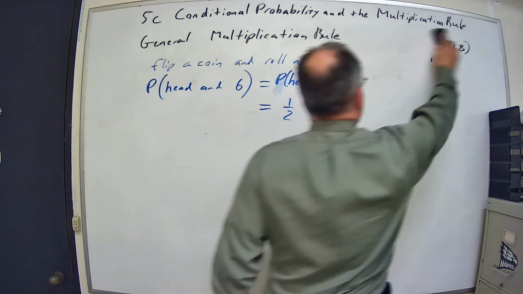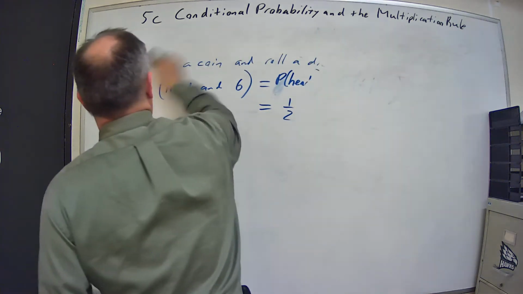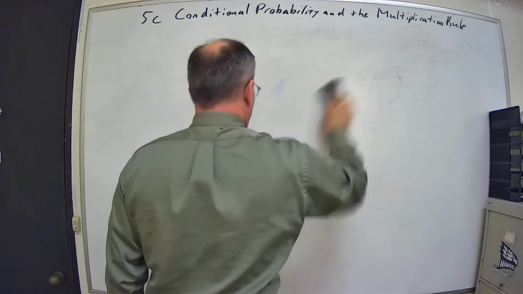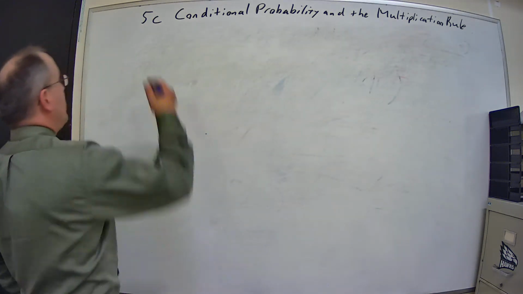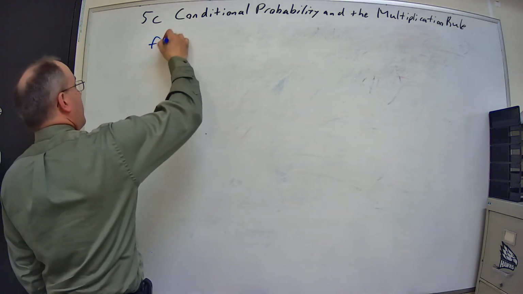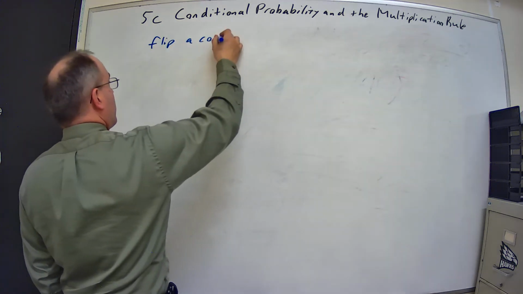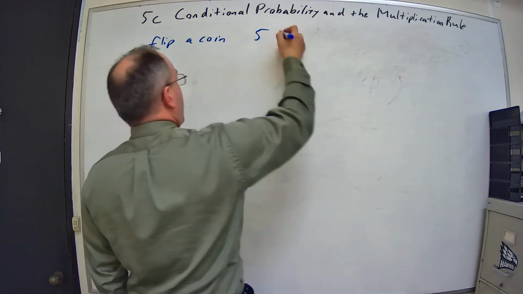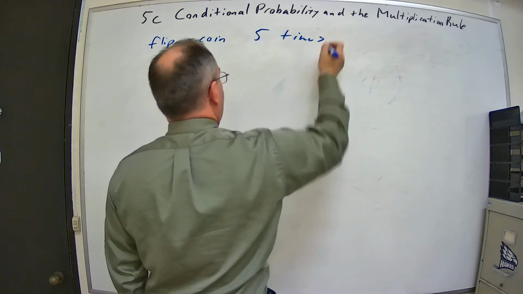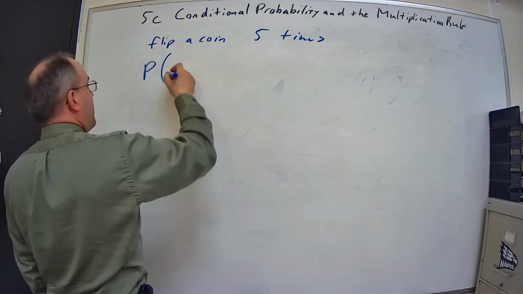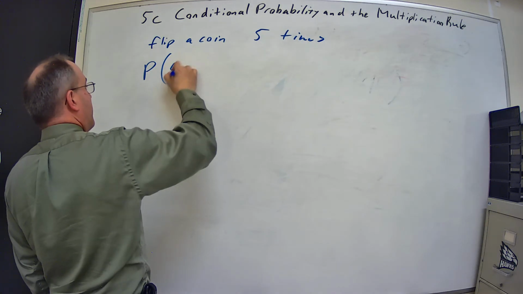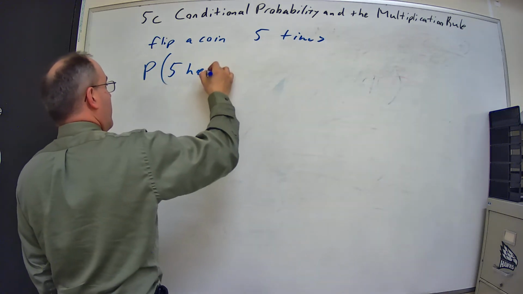So let's flip a coin, but let's flip it over and over and over again. So if I flip a coin 5 times, what is the probability that I get 5 heads?